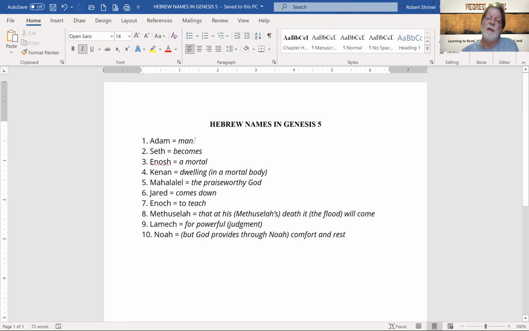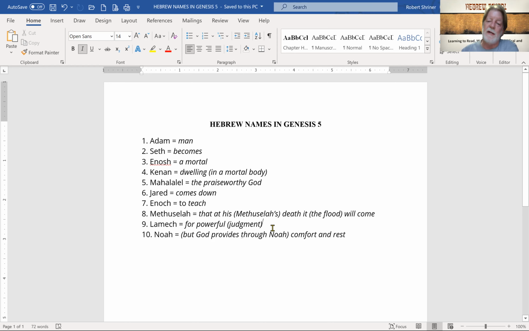Starting with Adam, if we put all the names together, it means man becomes a mortal, dwelling, sort of like dwelling in a mortal body. The praiseworthy God comes down to teach that at Methuselah's death, the flood of Noah will come for powerful judgment, I'll add.